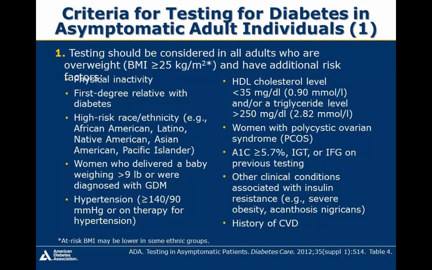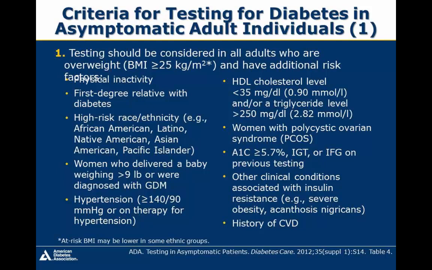If the plasma glucose is less than 140 after an oral glucose challenge, or if the glycohemoglobin is less than 5.6%, that's when you could say that you are a normal person not having diabetes.